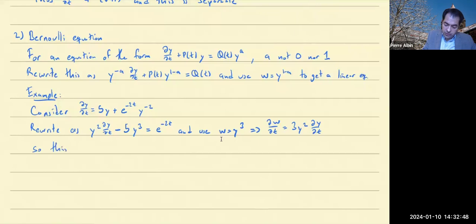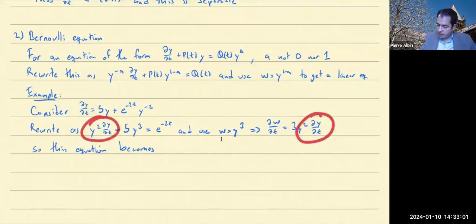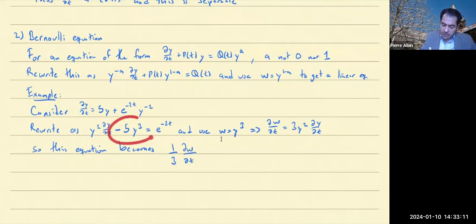So this equation becomes, okay, y squared dy/dt from here is going to be, move the 3 to this side, 1/3 dw/dt. Then the next term, minus 5y cubed. Well, y cubed was w, so it's going to be minus 5w.